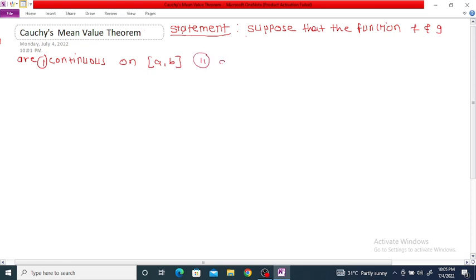Number two, derivable on the open interval (a, b). And number three, g'(x) is not equal to 0 for every x belonging to (a, b).